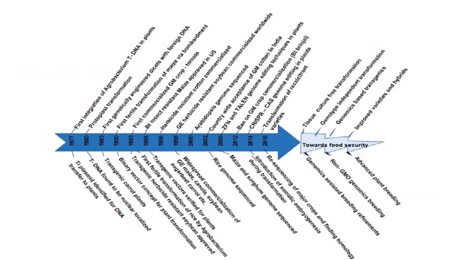Coming to the historical perspective of genome editing. As you know, in 1977, the first integration of Agrobacterium T-DNA in plants was done. In the same year, the Ti plasmid was identified for DNA transfer to plants, meaning it started with the 1977 T-DNA experiments in plants.